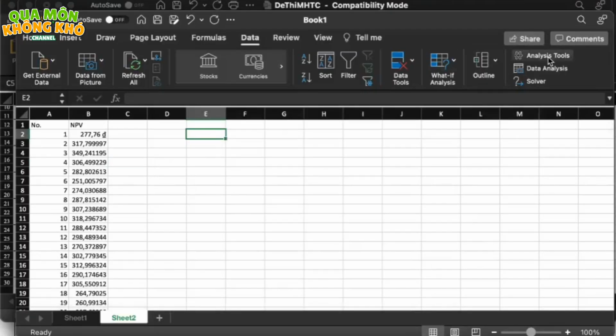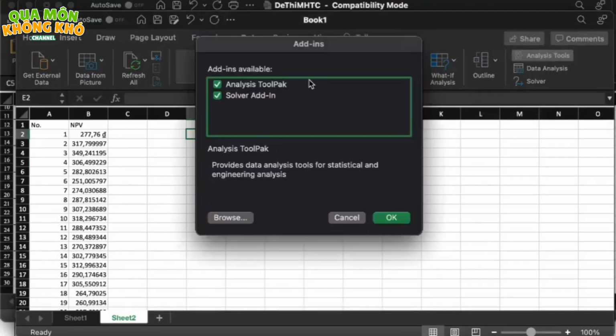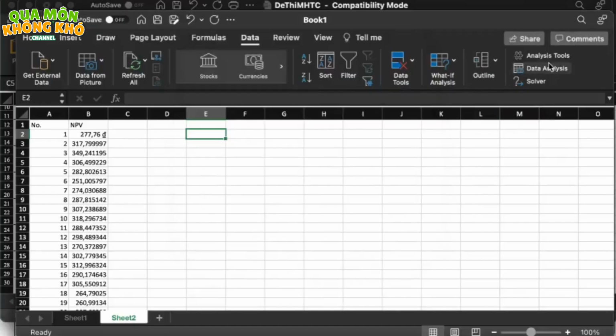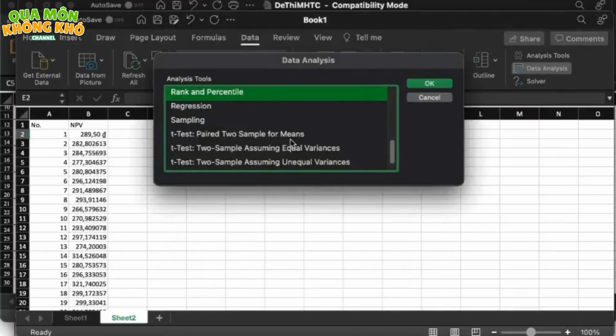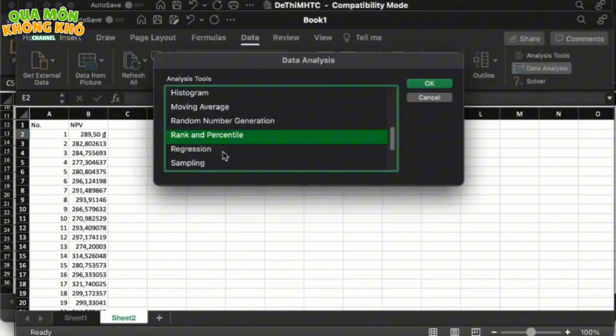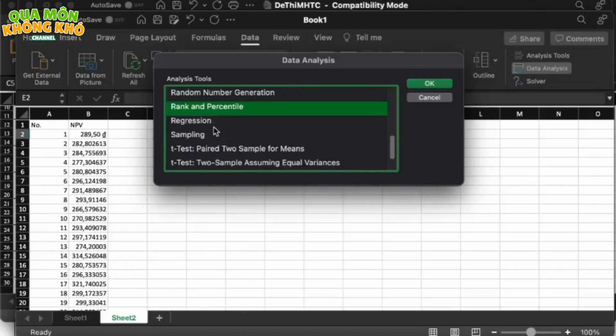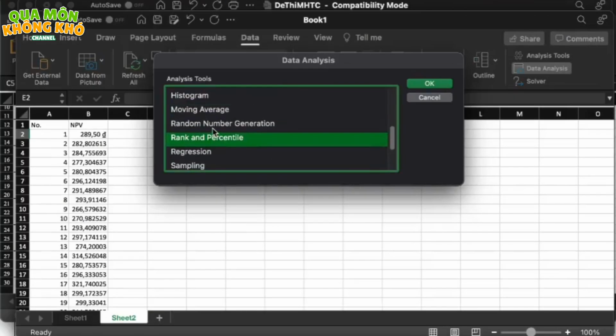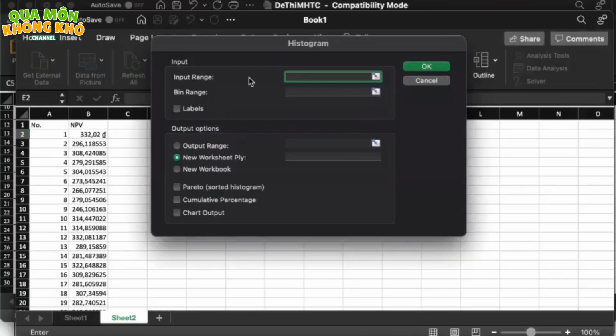We use the analysis tool here, and we just choose the histogram, and you input the 1000 NPV.